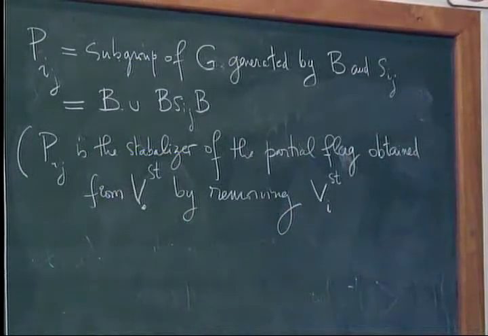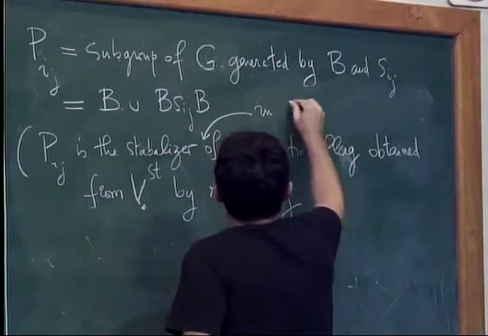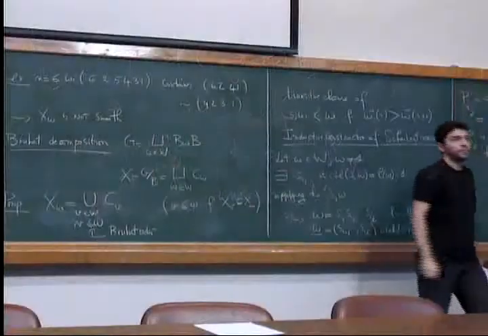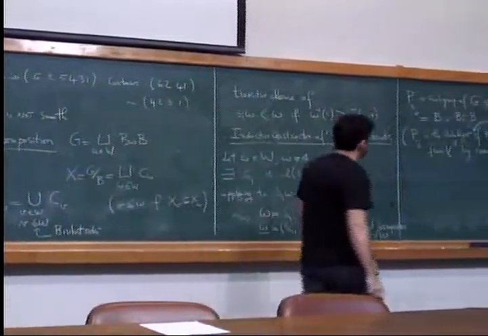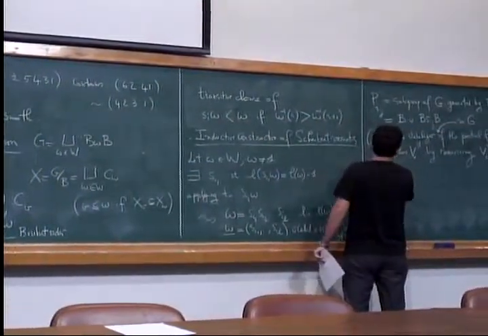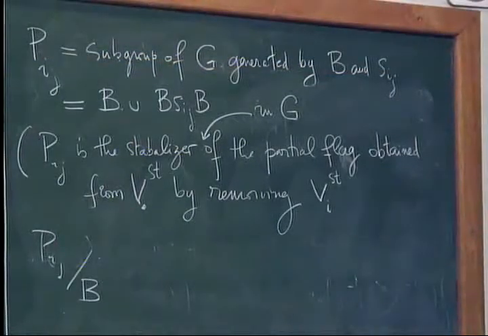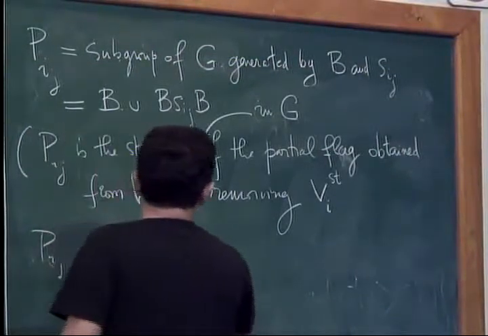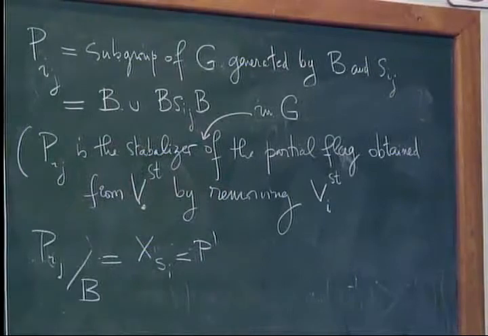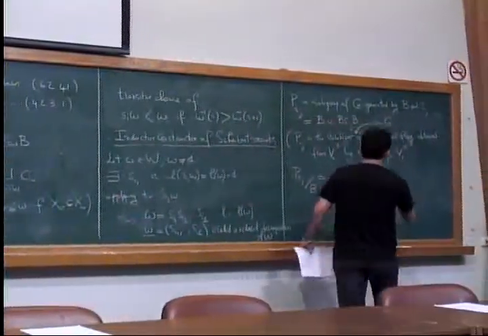So this is the stabilizer in GL_n. This is the geometric meaning of this minimal parabolic, and P_i mod B is nothing but the Schubert curve P^1.